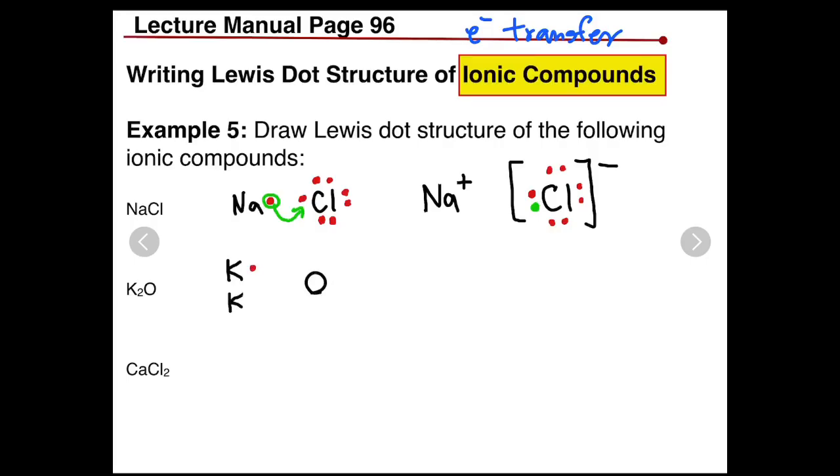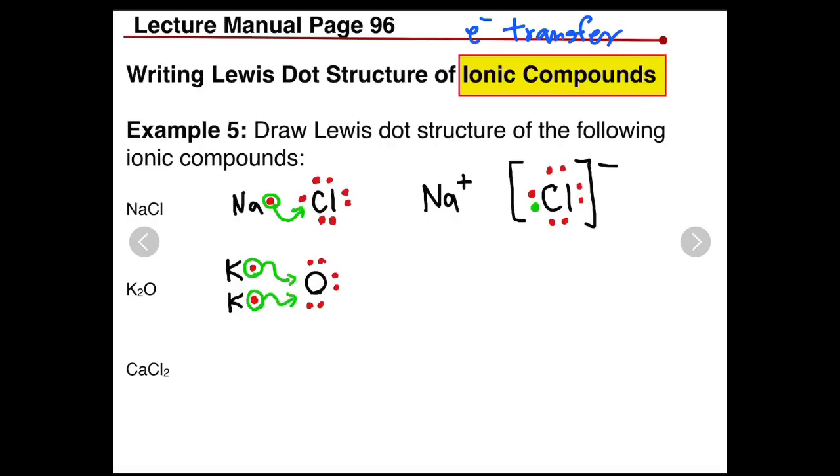Each potassium contains 1 electron and oxygen contains 6. Again, because potassium has a bigger size than oxygen, potassium is most likely to lose electron. And it's also easier to lose this 1 electron because it just has 1. So in this case, the electron on potassium would transfer to the oxygen.